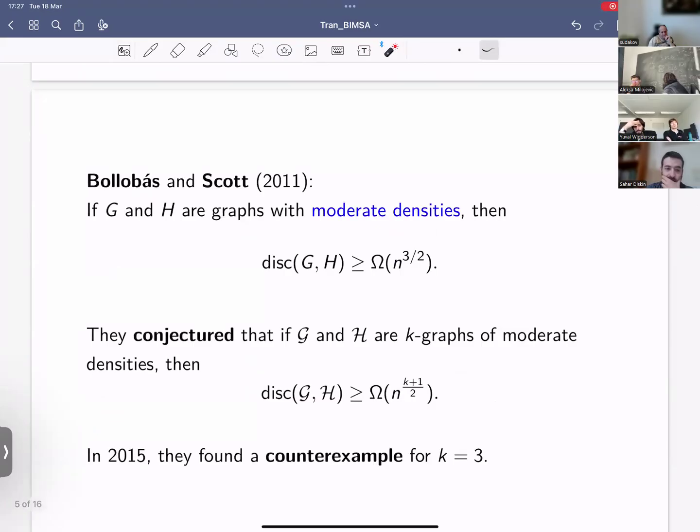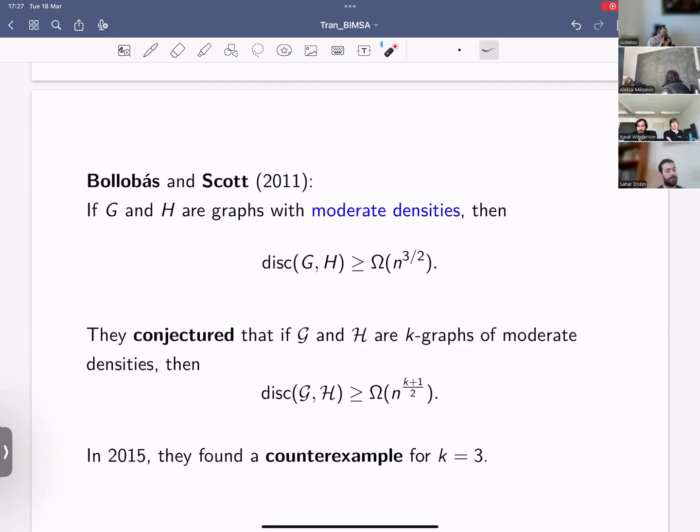And Bollobás and Scott proved that if G and S are graphs with moderate density, so the densities of G and S are bounded away from 0 and 1, then the discrepancy of the pair is bounded from below by n to the 3/2.